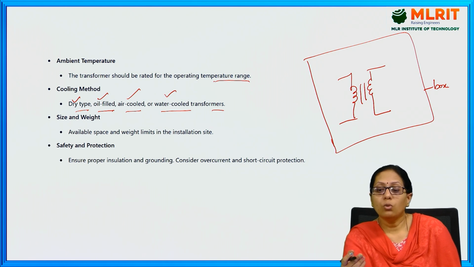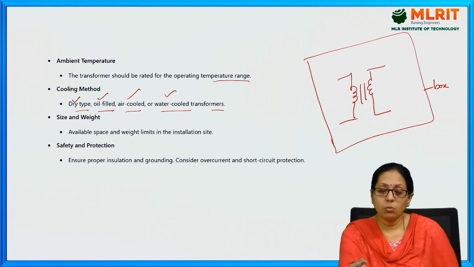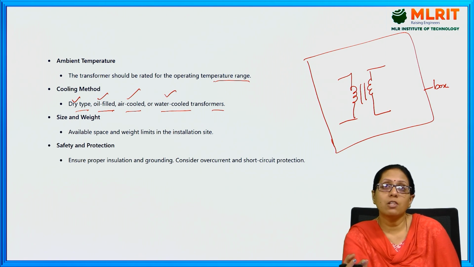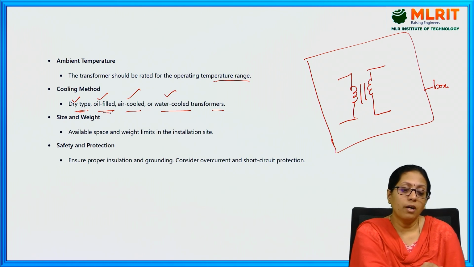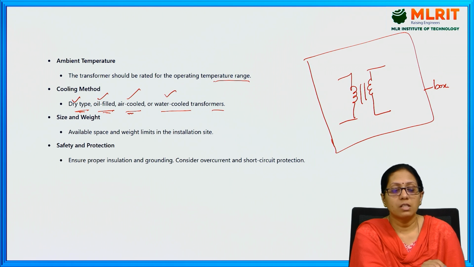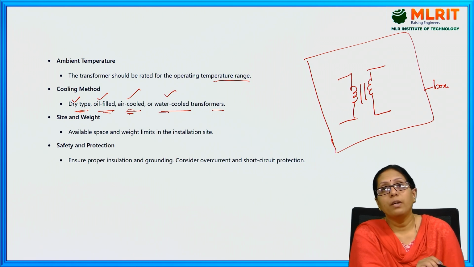If the transformer is working for a longer duration, it may get heated, and to reduce the heat of a transformer, we may use these dry type, oil filled, air cooled techniques, in order to reduce or maintain the temperature of a transformer.